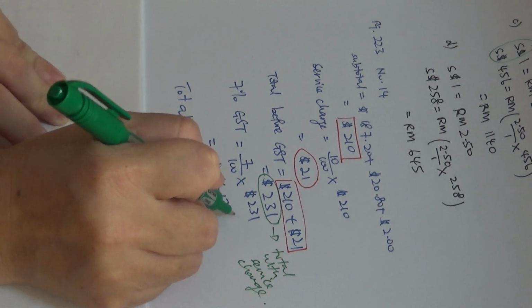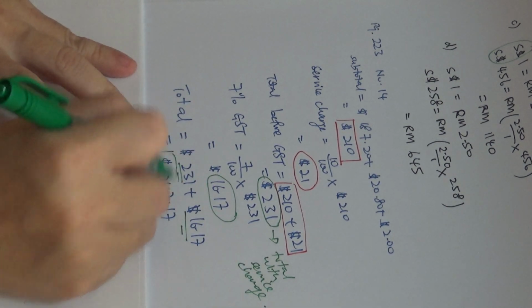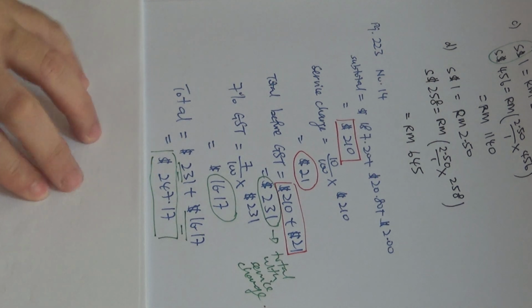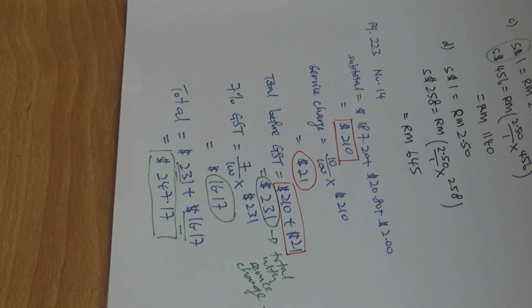I must add the GST amount. Then I can get the grand total here, which is 247.17. Okay, now this is the answer to page 223, number 14 of your workbook.